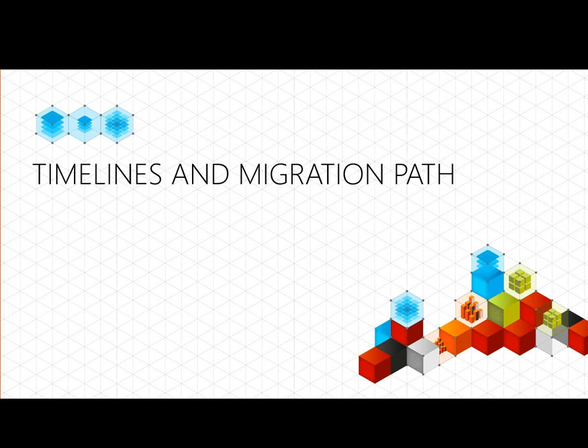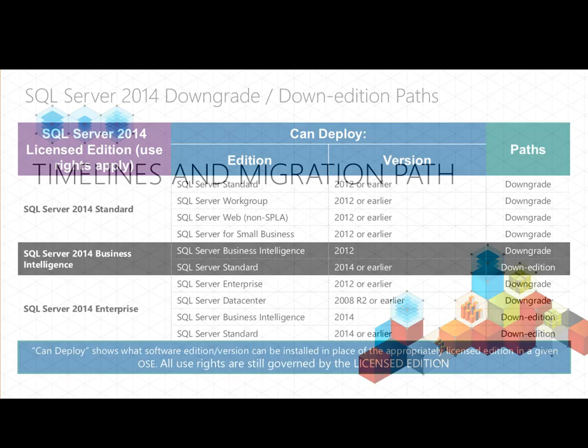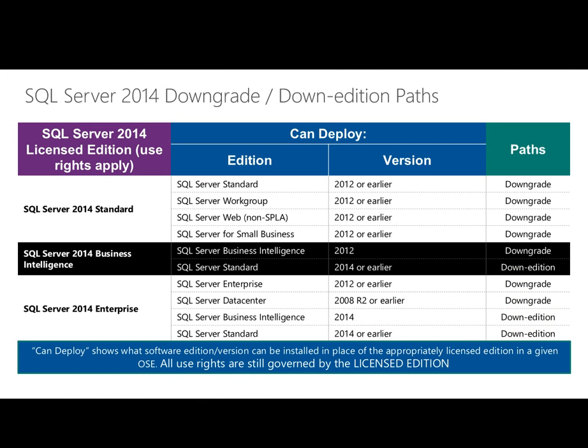So, timelines and migration path. If you want to do a downgrade with SQL Server 2014 Standard, you can downgrade to a lower version, and it should be the same edition or lower. When I say downgrade to a lower edition, 2014 is the current edition.